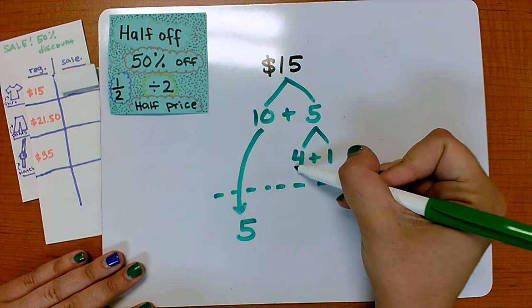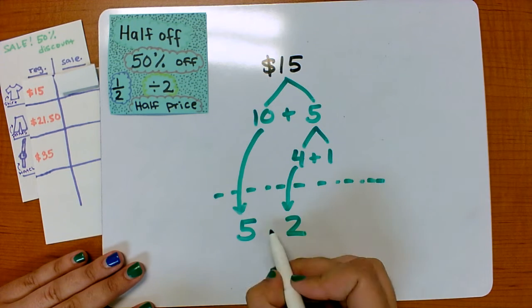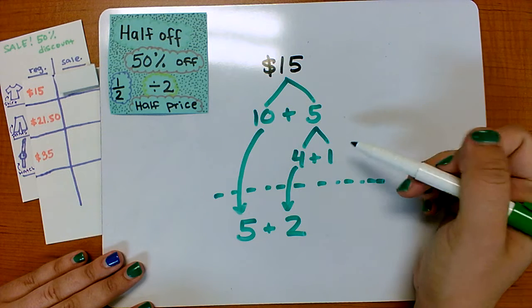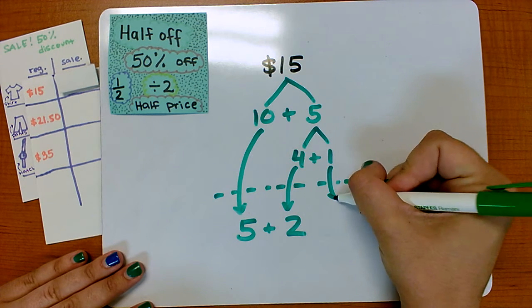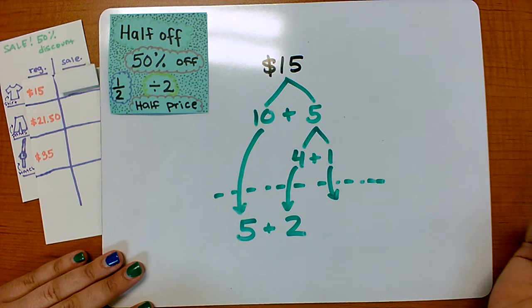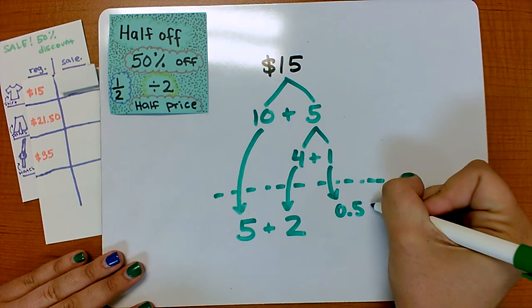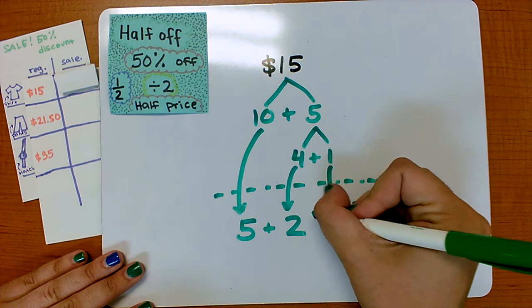If I break 4 in half, I get to keep 2. So far we have 5 plus 2. If I break 1, half of it is 1 half, and as a decimal, we write that 0.5 or 0.50, 50 cents. I'm going to add that one too.